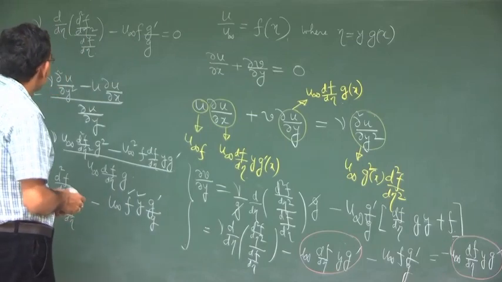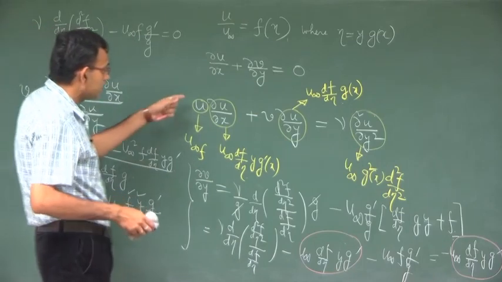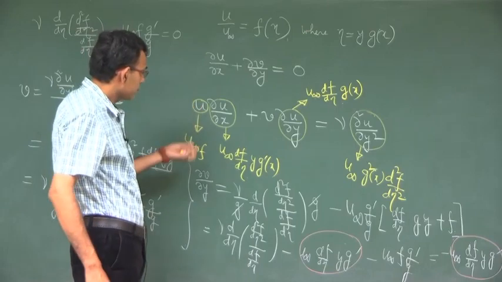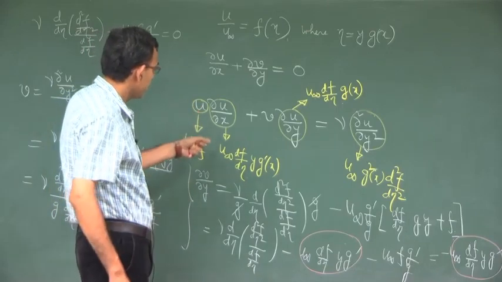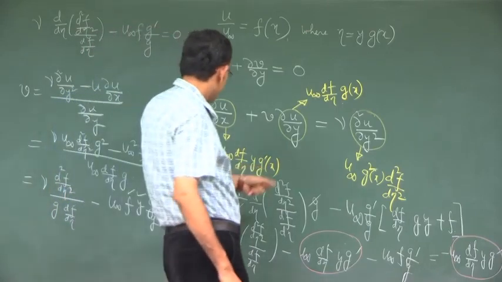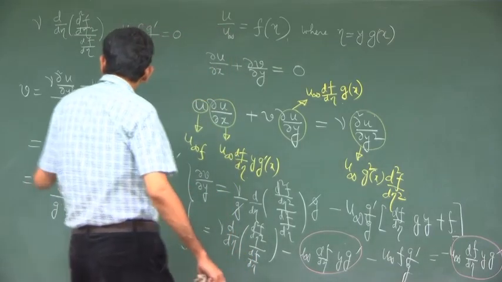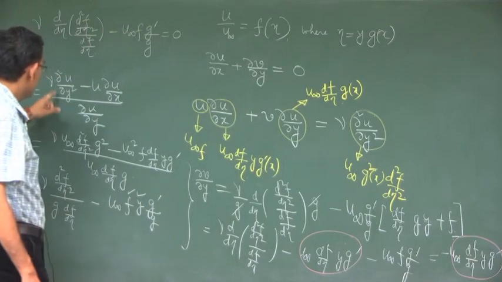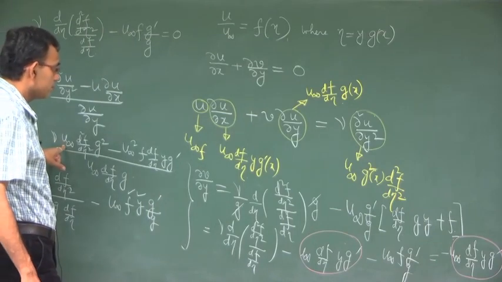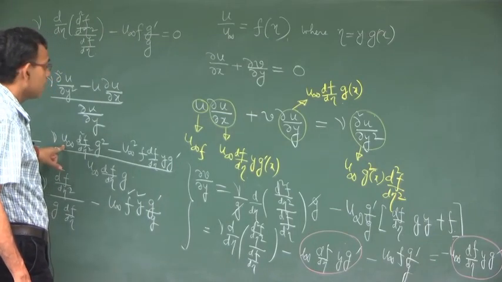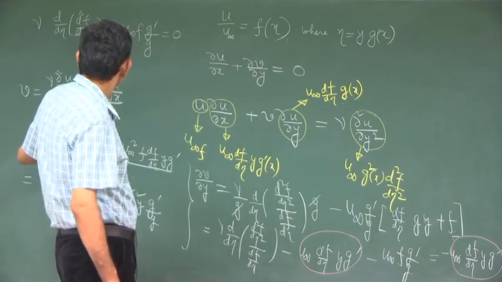So, let us check the calculation once. This is u infinity f, this is all right. So, del v del y. So, v is nu u infinity del 2 u del y 2.